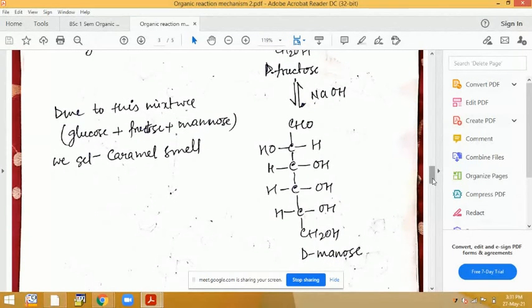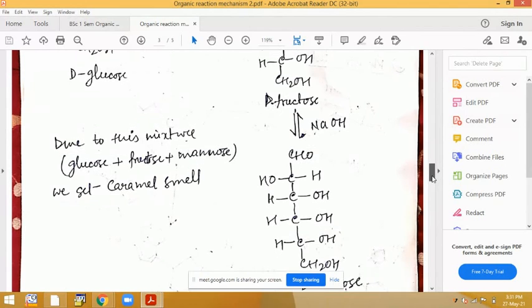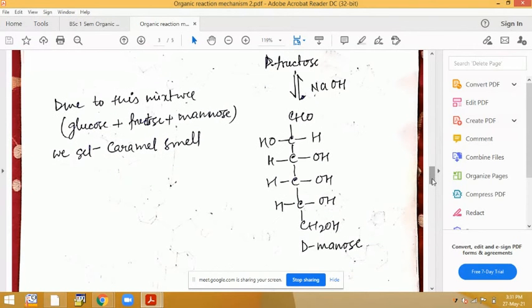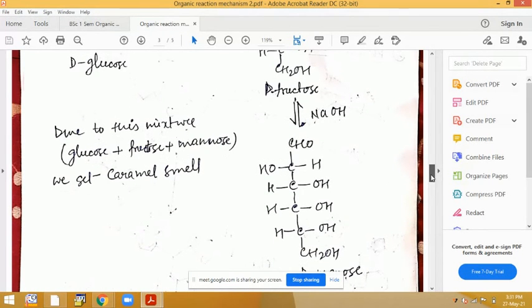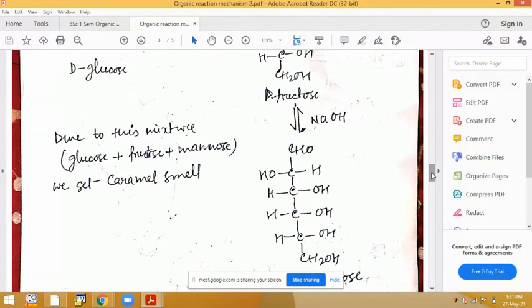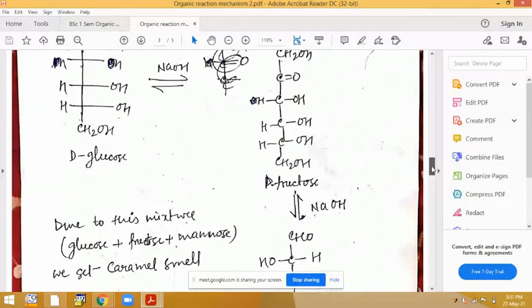They are all carbohydrates, so it is a mixture of glucose, fructose, and mannose. Due to the presence of these 3 carbohydrates, there is a specific smell of caramel, which you smell during this experiment, and the color also becomes brown. So that's why this also shows the presence of glucose.